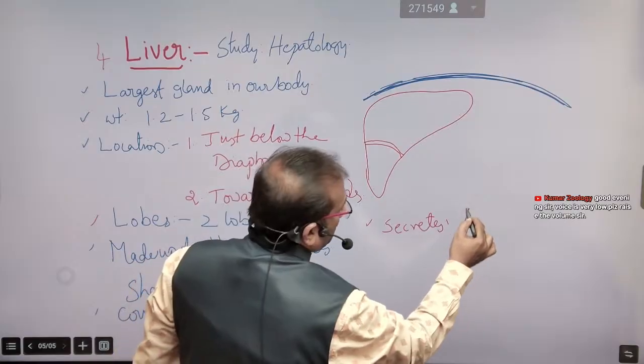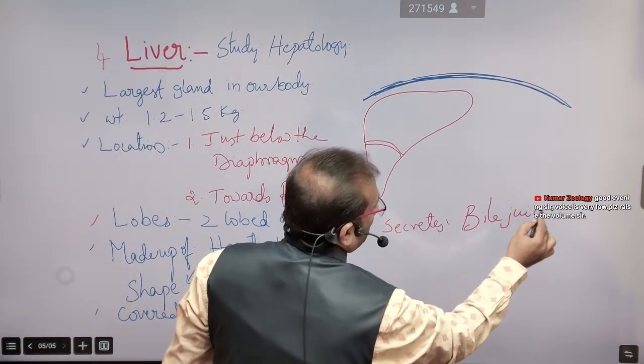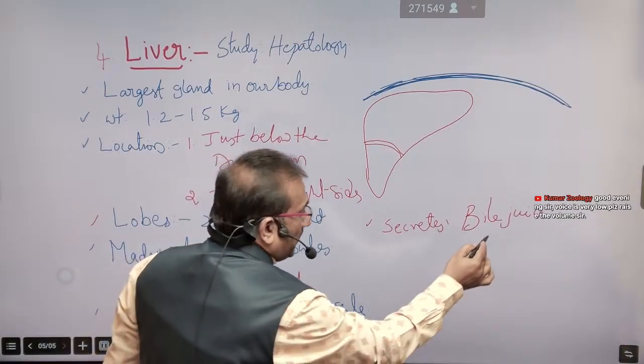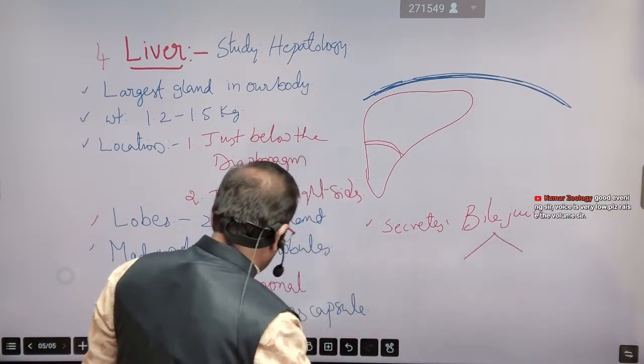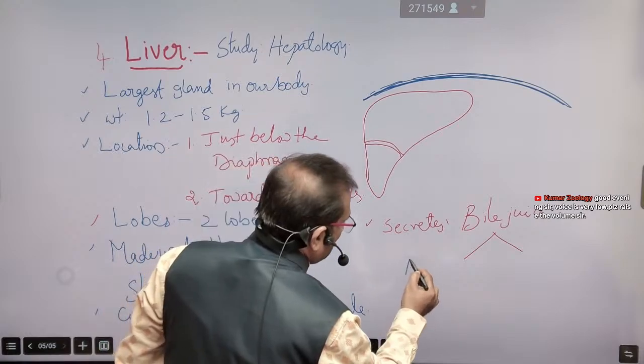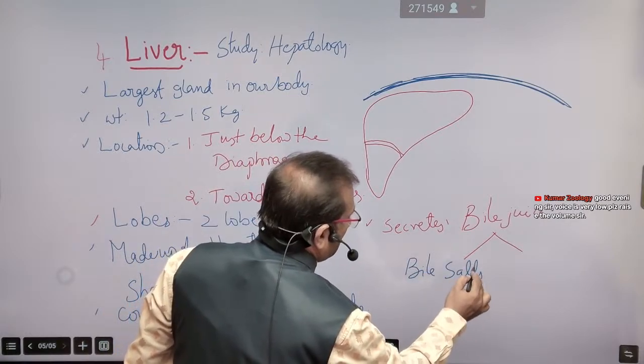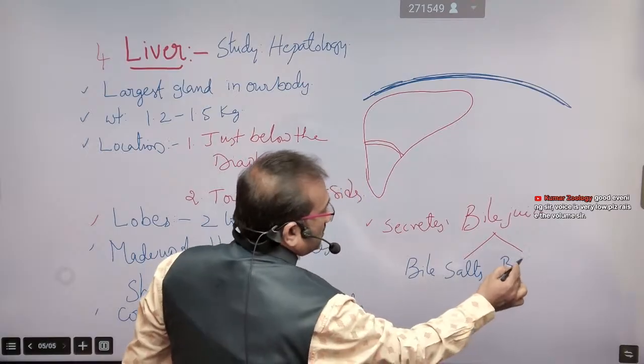Liver secretes bile juice, and bile juice contains 2 types of substances: bile salts and bile pigments.